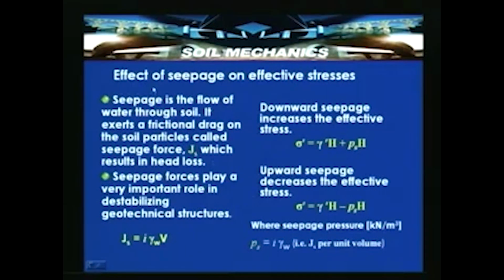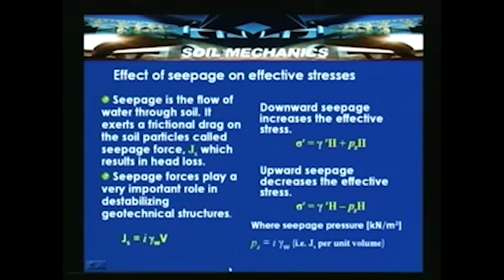So, having seen the effect of seepage, or flow of water through soil, on effective stresses: seepage is the flow of water through soil, which is what we have discussed. It exerts a frictional drag on the soil particles in the form of a force called seepage force, and this results in head loss.